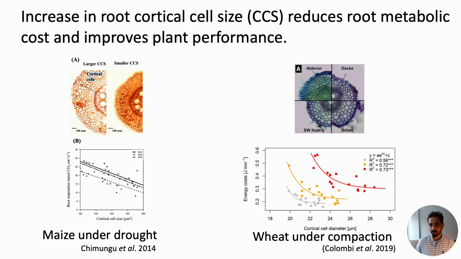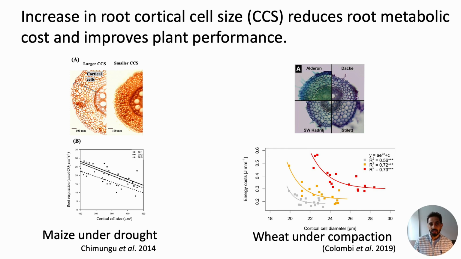And the same is true for wheat under compaction, where these lines represent different soil compaction stress. And what you see is there's a decrease in energy cost as the cell size increases. And this is really exciting because in both cases, it not only decreased the root metabolic cost, but it also improved plant performance under drought for maize and under compaction for wheat.